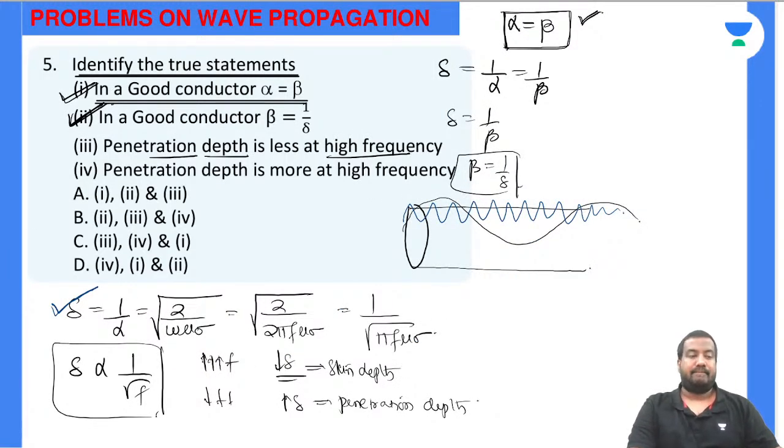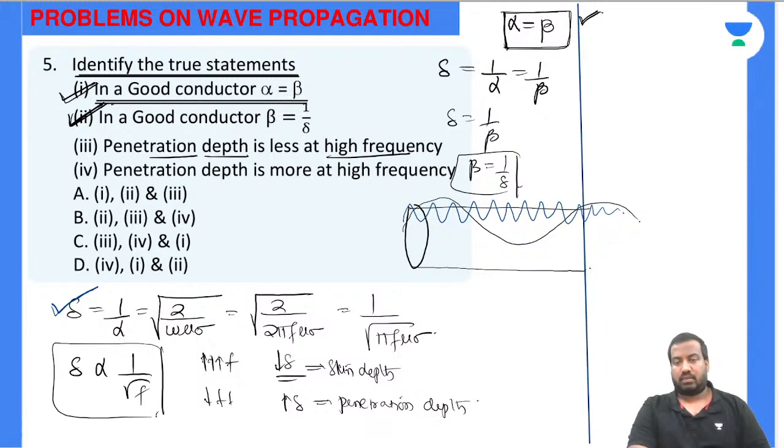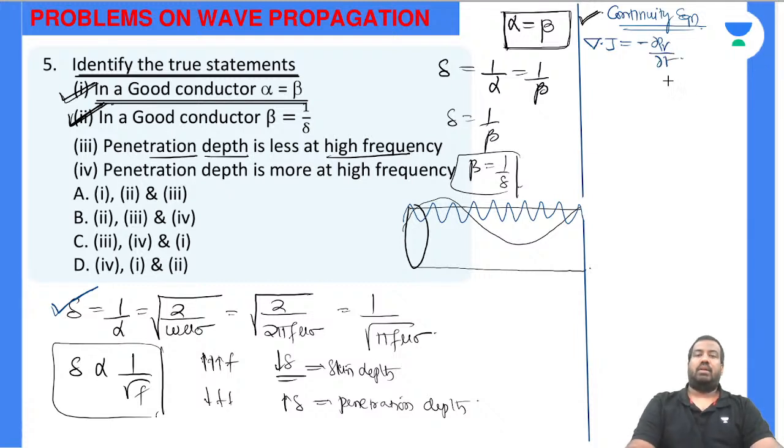See dear, from the continuity equation, del dot J is equal to minus dou rho v by dou t.